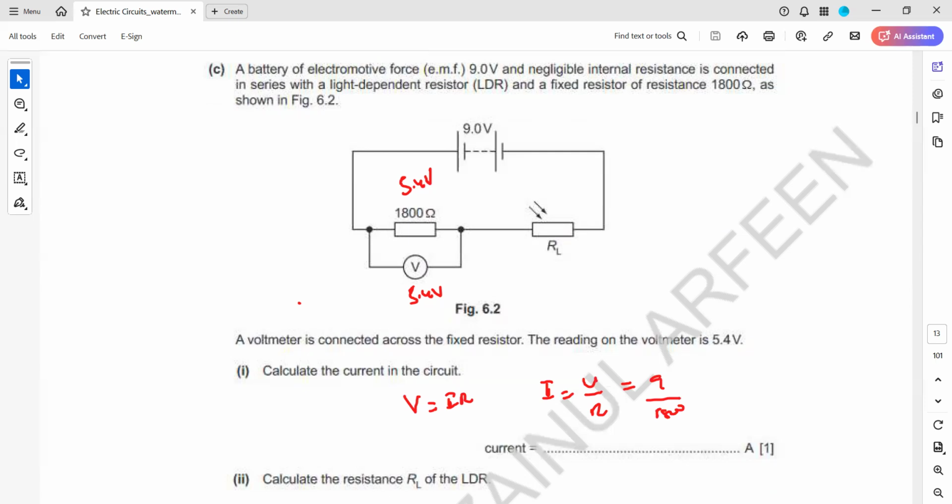Sorry, the potential is 5.4, not 9, because 9 was the total. We need the current across this one, and that will be the same current flowing through the circuit. So 5.4 divided by 1800. What's the answer for this? 3 times 10 to the minus 3. So 3 milliamperes.